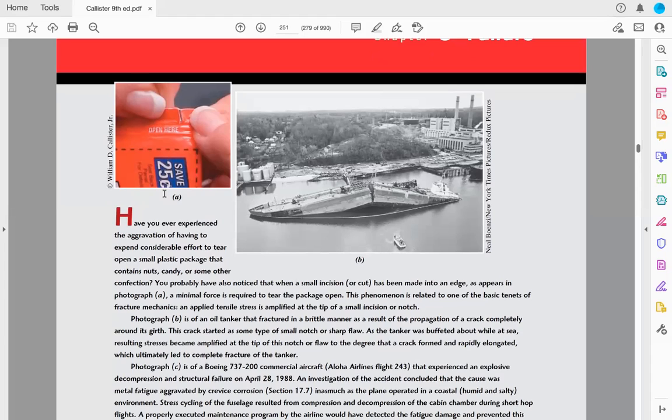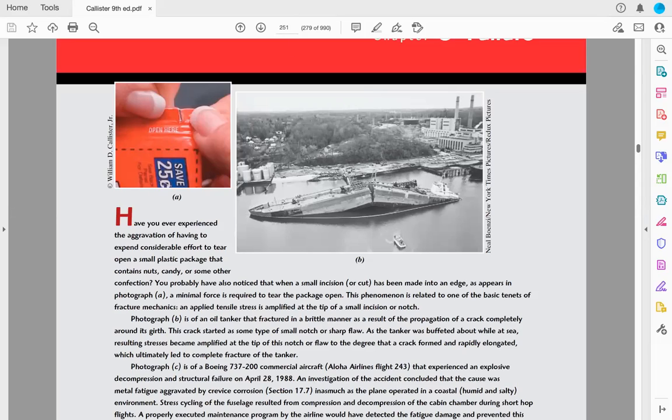You will notice there is a small incision or cut into the edge, because with a small incision at the edge, only a minimal force is required to open the package. This phenomenon is related to one of the basics of fracture mechanics: the applied stress is amplified at the tip of a small incision.